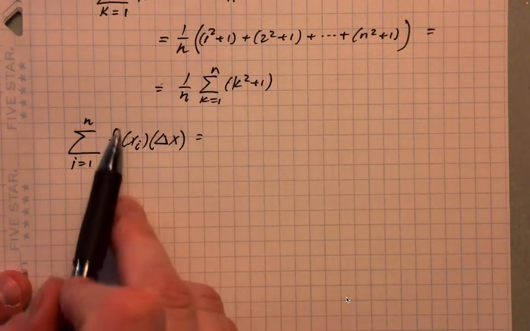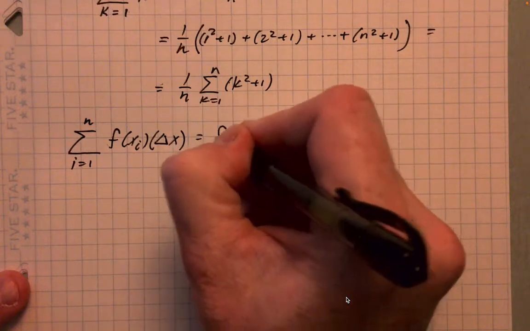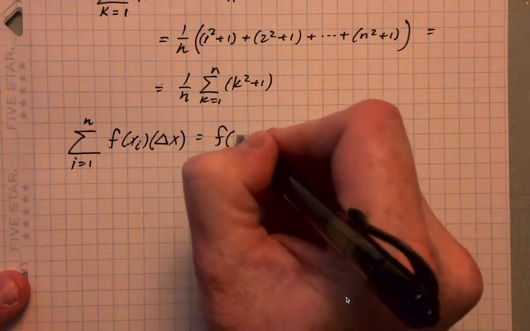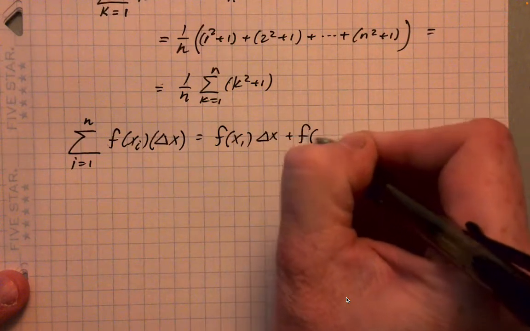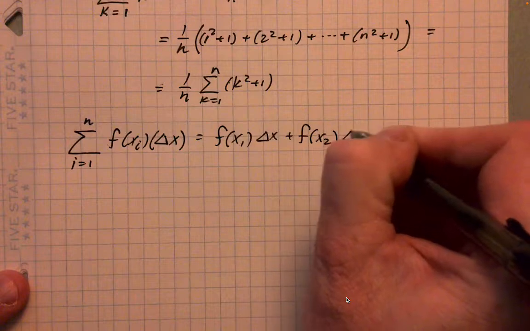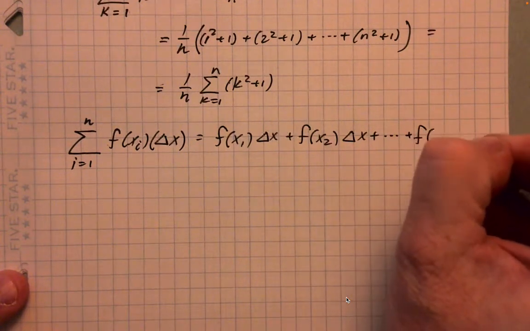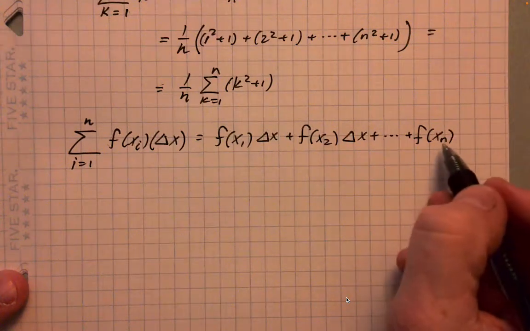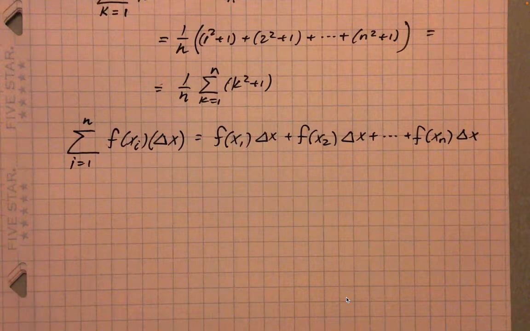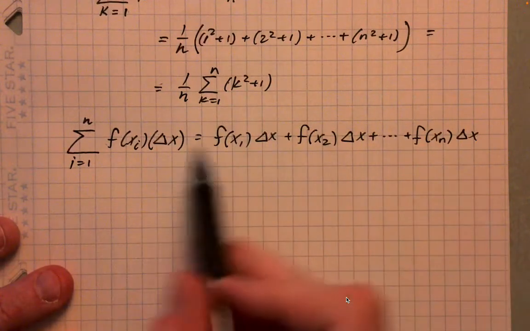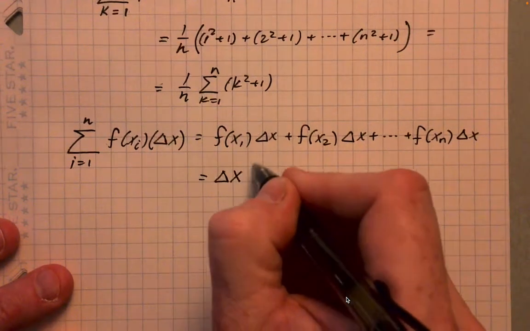This is some arbitrary function, we don't know what it is, but the sum is going to work the same. It'll be f evaluated at x1 times delta x plus f evaluated at x2 times delta x plus, and so on, up to f evaluated at the last term in the sequence, xn times delta x. And then of course, delta x being common to every term, you could factor it out like so.